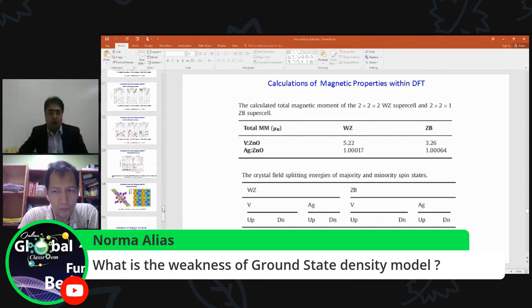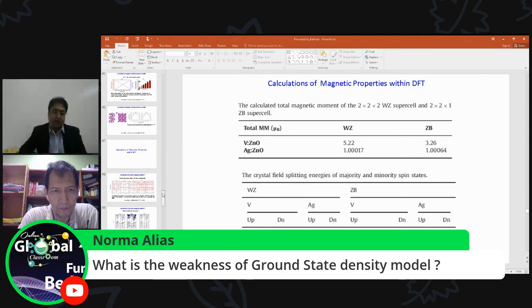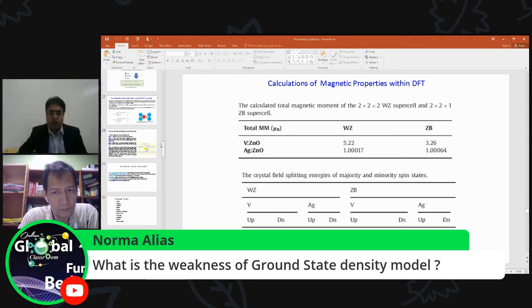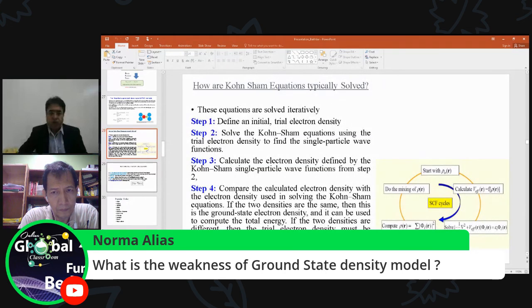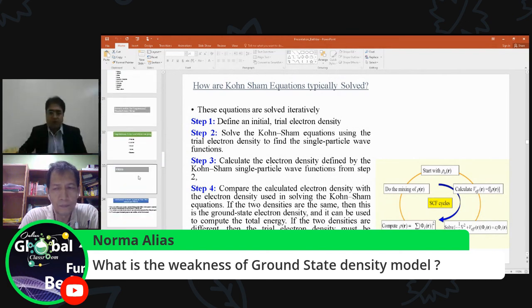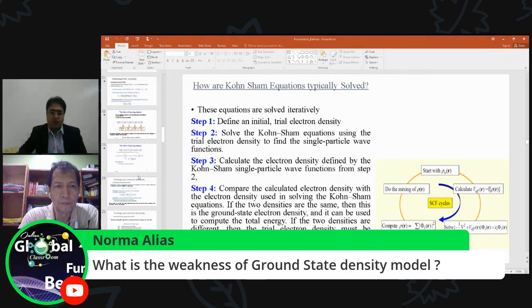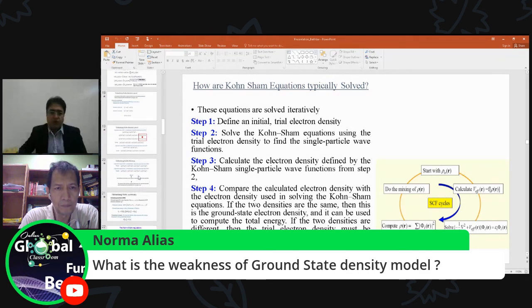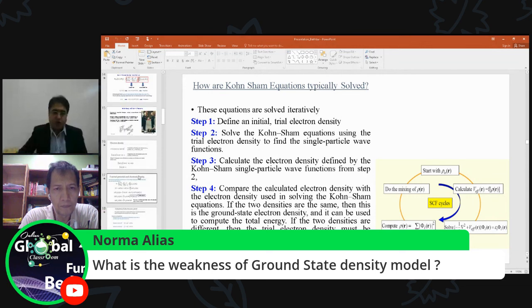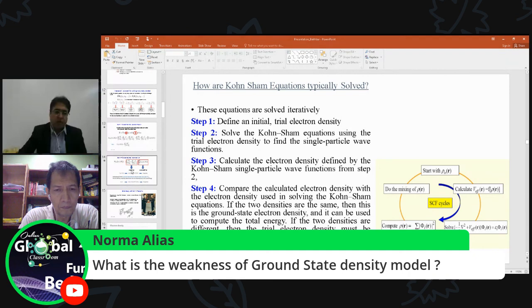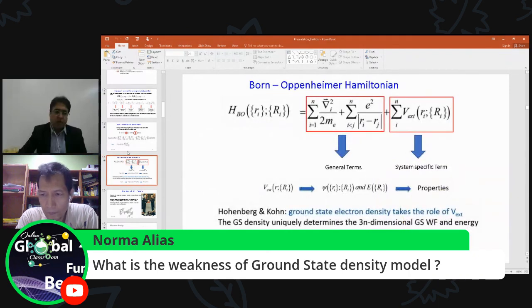So high temperature or excited state properties cannot be calculated with ordinary density functional theory. But there is time-dependent density functional theory that gives you information about excited state properties. There are also different codes, like Exciting, a code that gives you information about the excited state properties.